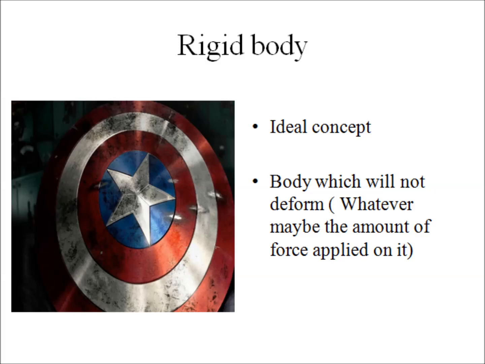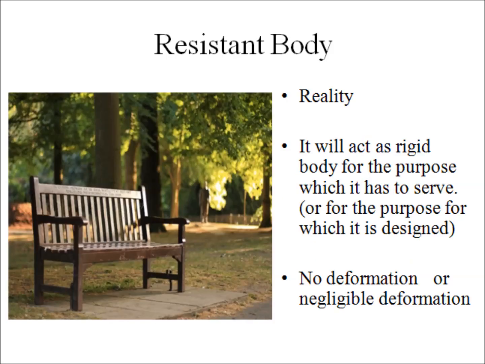But rigid body is an ideal term, it does not exist in reality. What we have in reality is a resistant body. A resistant body will act as a rigid body for the purpose for which it is designed. You can consider a seating bench.